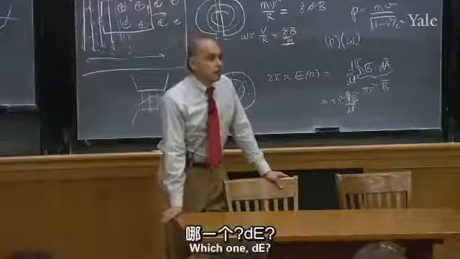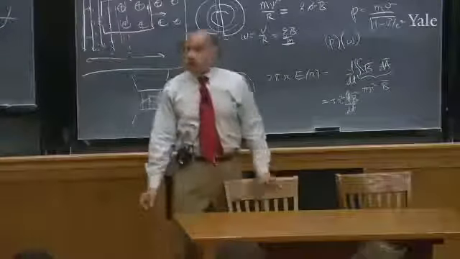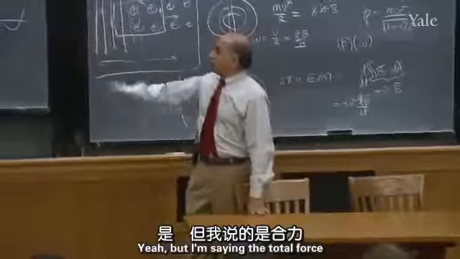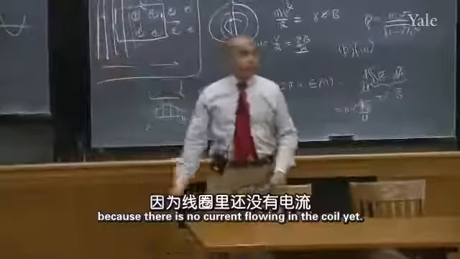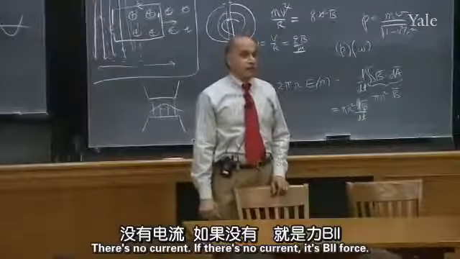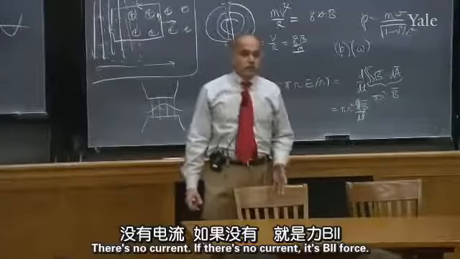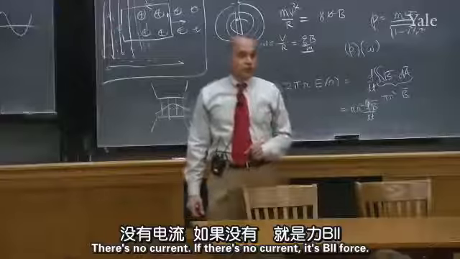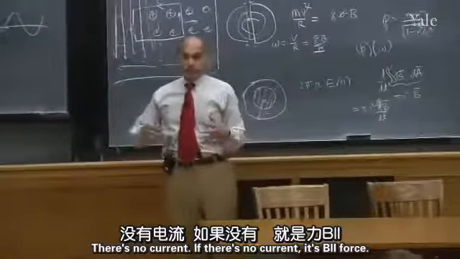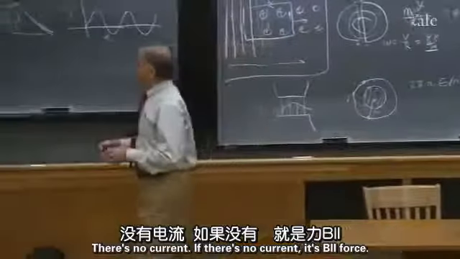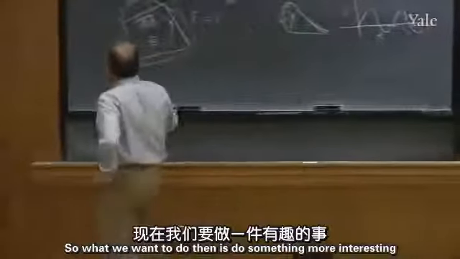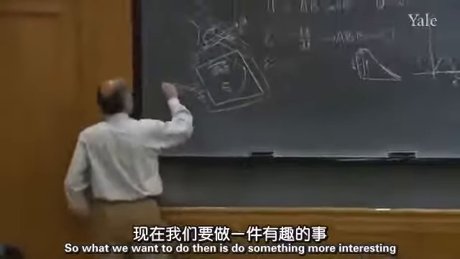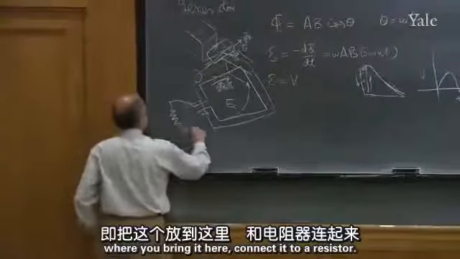Which one? dE? dq. Yeah, but I'm saying the total force, you don't have to do any work because there is no current flowing in the coil yet. Okay? There is no current. If there's no current, it's no problem turning a loop in a magnetic field because you don't have the BLI force. So what we want to do then is do something more interesting where you bring it here, connect it to a resistor.